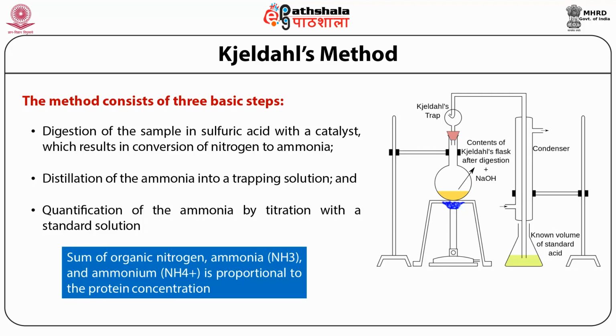The sum of the organic nitrogen, ammonia and ammonium is proportional to the protein concentration. This is the structure of the Kjeldahl flask shown here, where the protein solution is boiled and the nitrogen is trapped in the solution, and how the nitrogen is estimated.